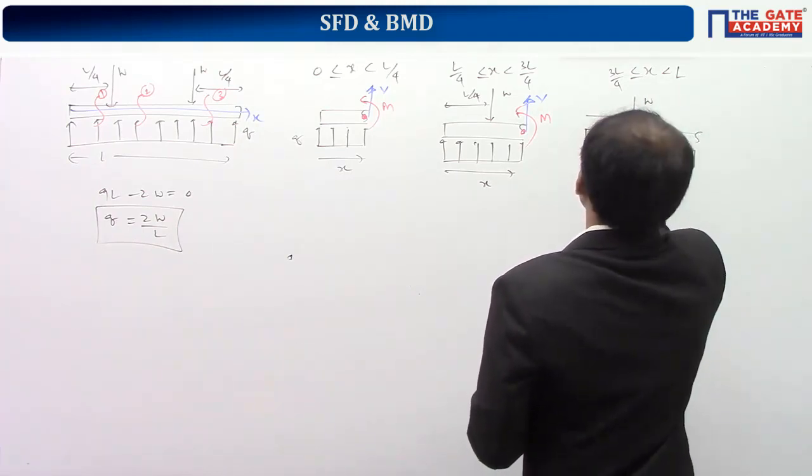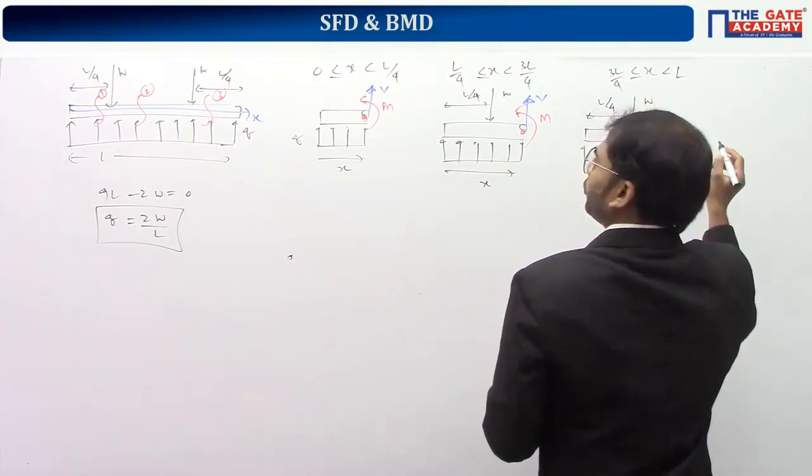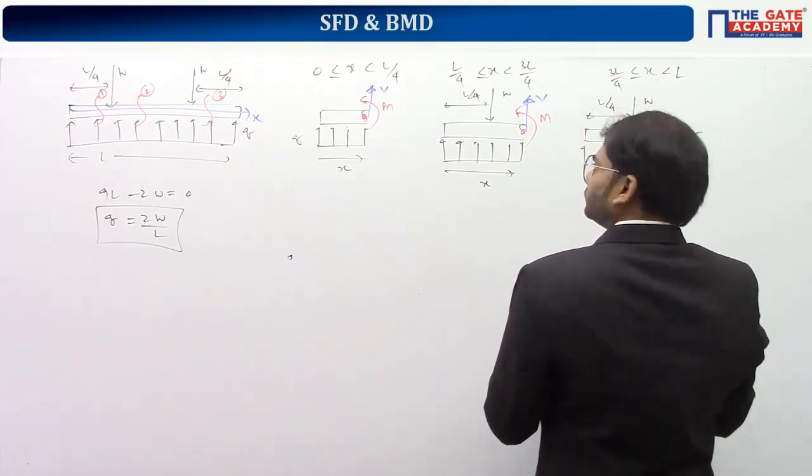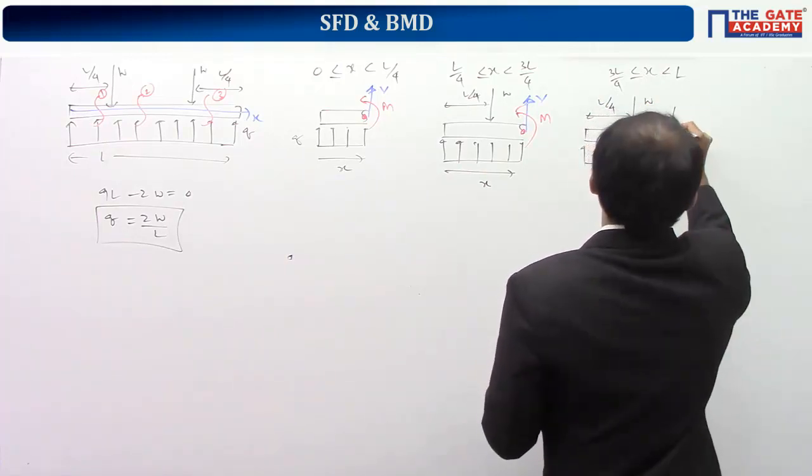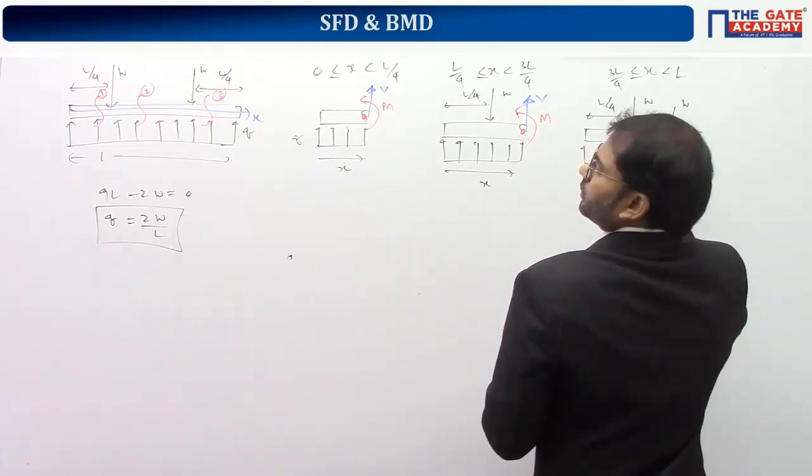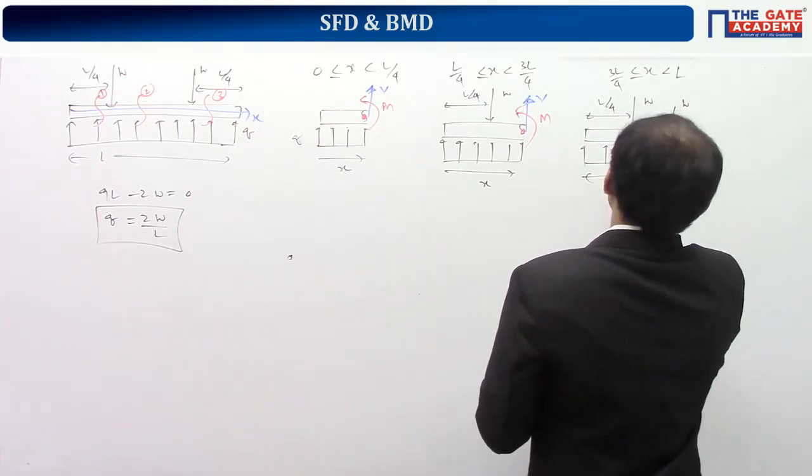It is W, it is L by 4, and we have another W. This becomes 3L by 4.